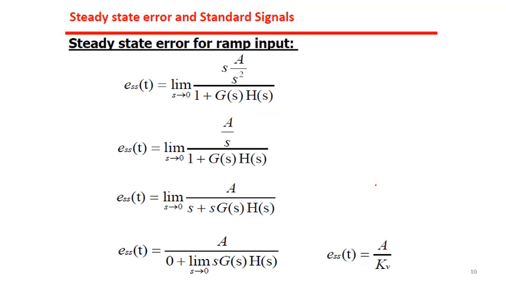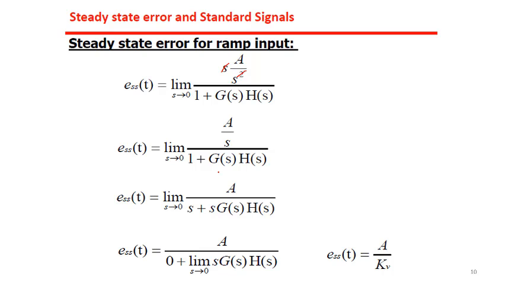So later we can see here steady state error for the above system will be coming as ESS for a function of t is equal to limit as s tends to 0 of s into A divided by s square by 1 plus G of s into H of s. Here this s and this s power will be getting cancelled, remaining in the numerator A divided by s.